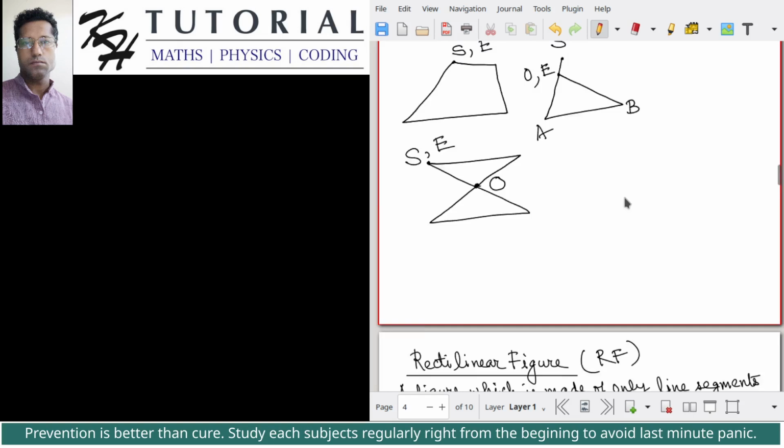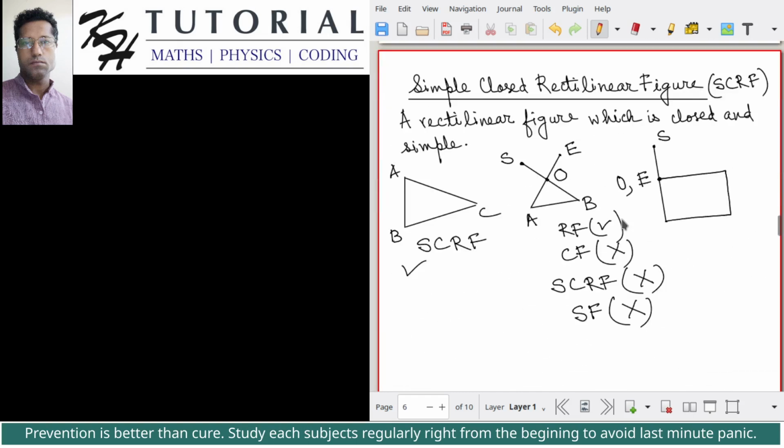So this figure, the third one, has starting point S and end point E, and since they are different, and the point E has intersected the line segment SA, which was already drawn, we say that the point E is a point at which the figure is intersecting with itself.